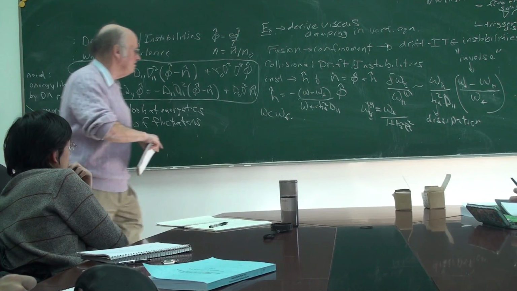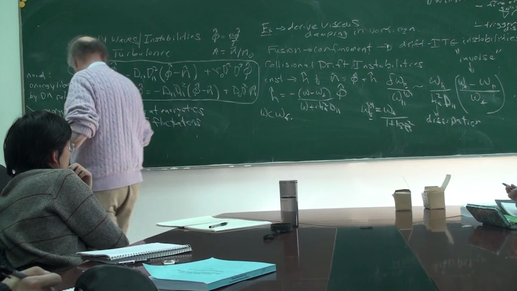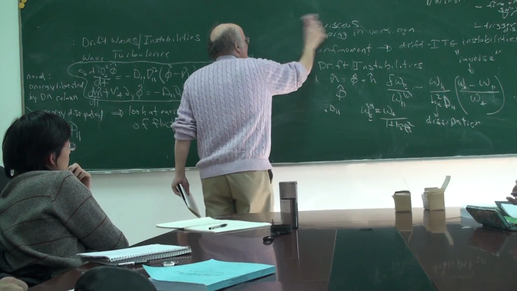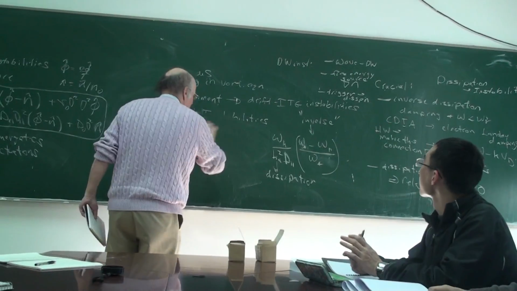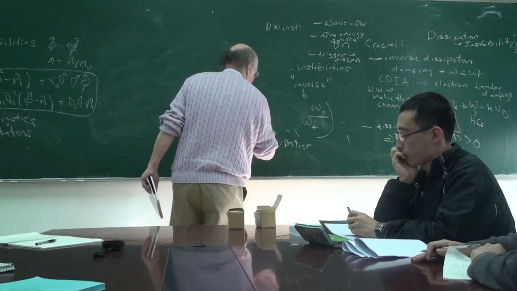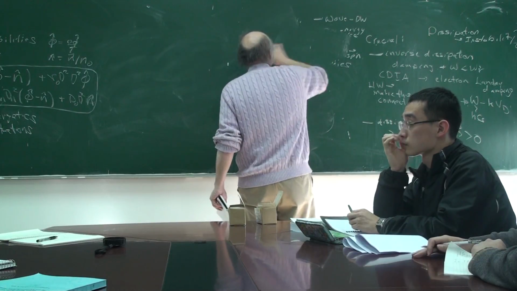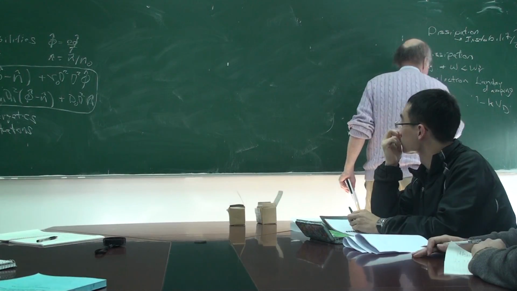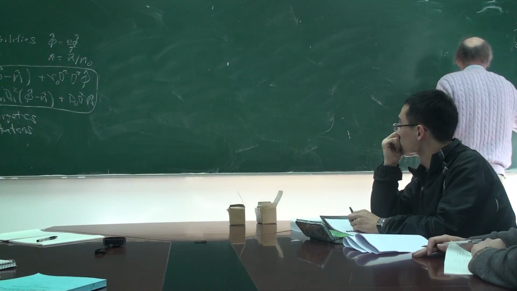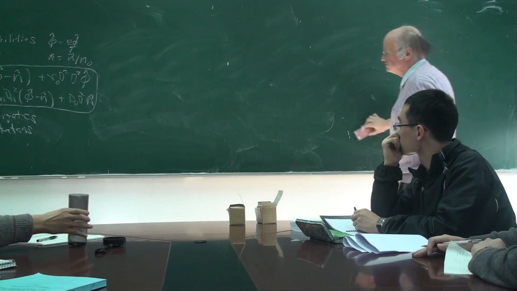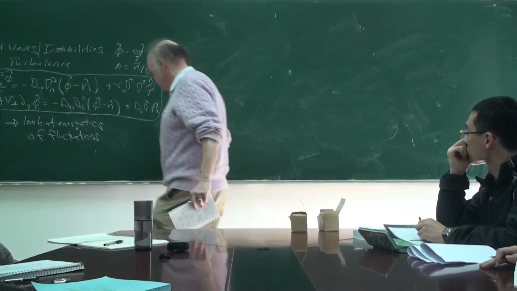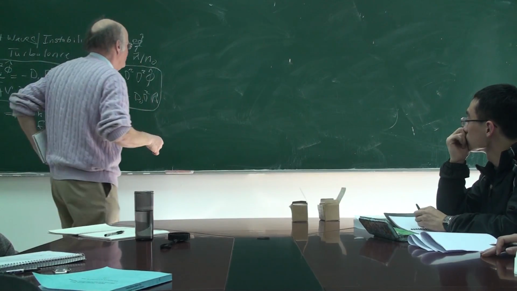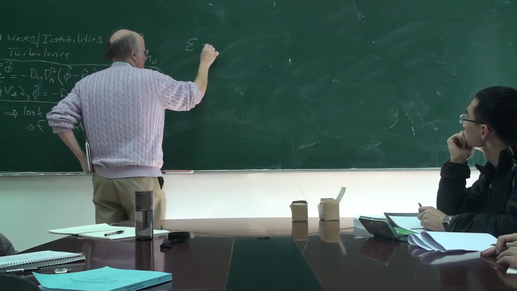Unfortunately with the blackboards here, we have to erase. So what's the total, how would you write the energy density of the fluctuations?